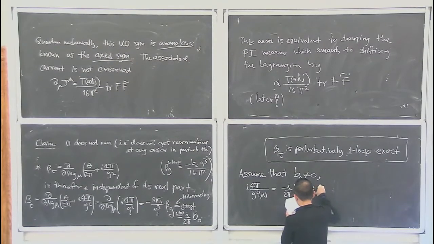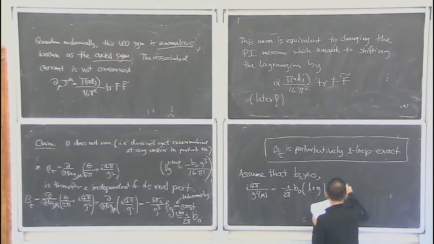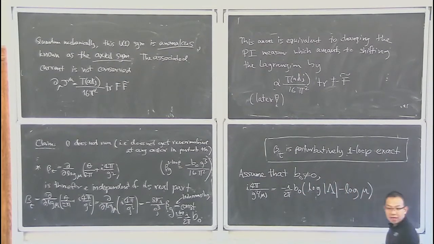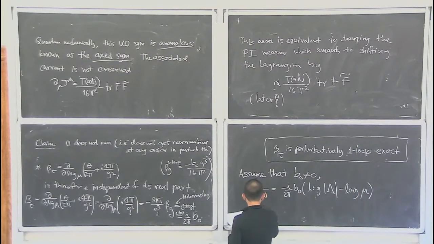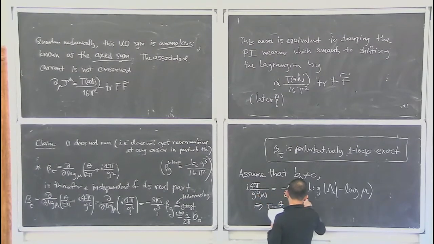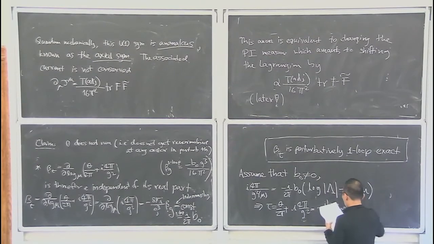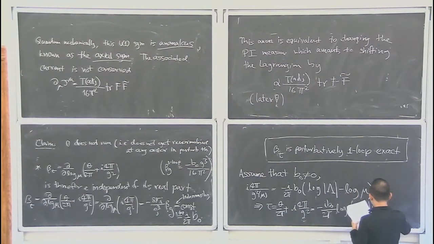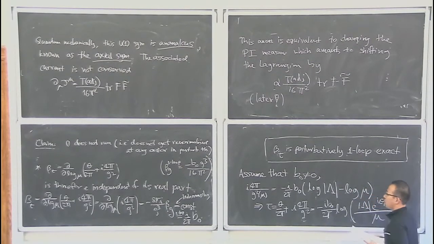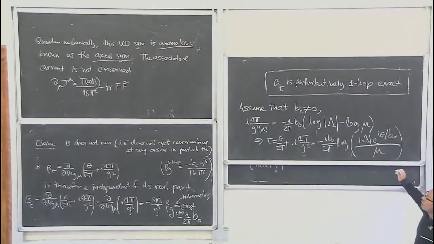So log of big lambda minus log of mu. You agree with this? It's just coming from integrating this equation. So tau, which is by definition this guy, will be equal to i beta_0 over 2 pi log of lambda e to the theta over beta_0 over mu.